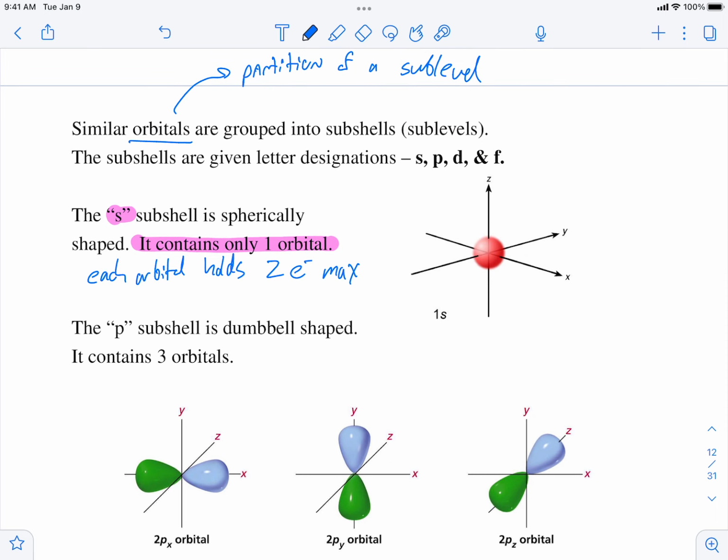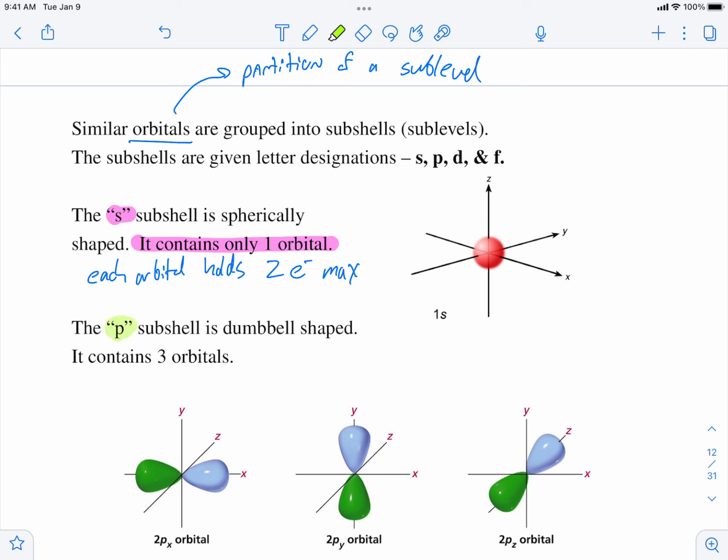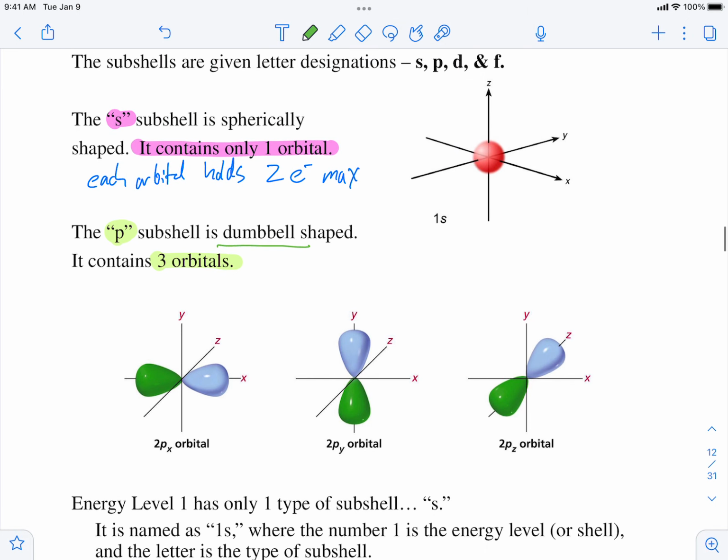So a P subshell contains 3 orbitals, and their shape is kind of weird. P subshell is dumbbell shaped. So there's 3 orbitals, one that lies on the x-axis, one on the y-axis, and one on the z-axis. Of course, the z-axis is coming out towards you and going into the screen.